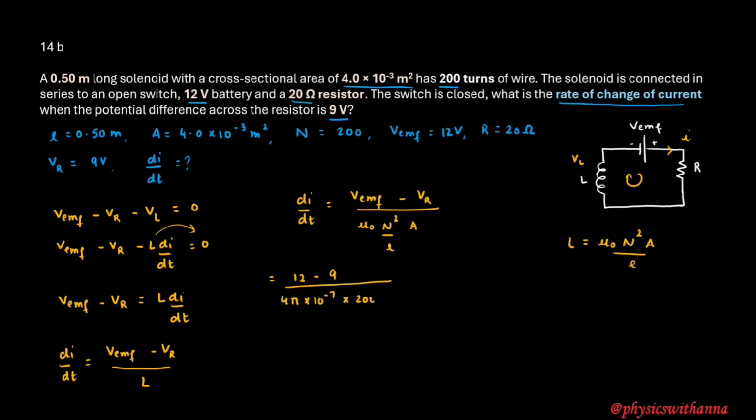N is 200 squared over the length, which is 0.5. Area of cross section is 4 times 10 to the power negative 3. And when you solve this, you get di over dt to be equal to 7460.4 ampere per second.